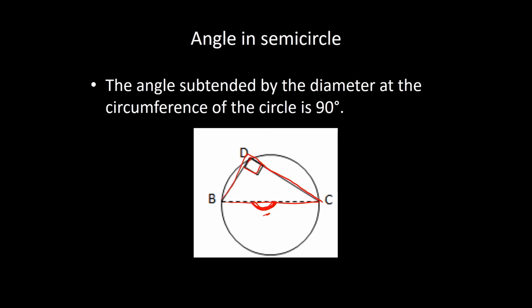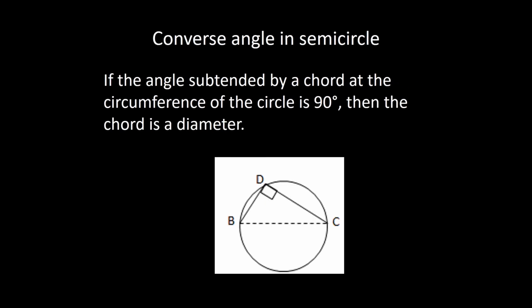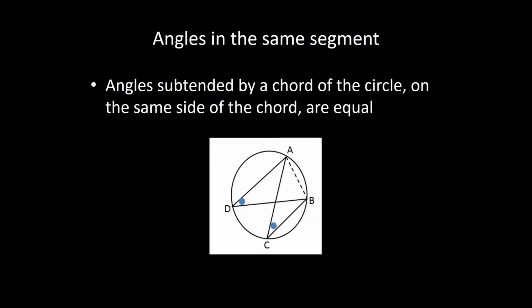It's 90 degrees. The converse of angle in the semicircle says that if the angle subtended by a chord, so we don't know that BC is a diameter, but we can see that the angle subtended by the chord at the circumference is 90 degrees, then this chord here must actually be a diameter.